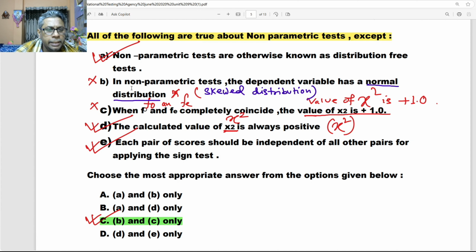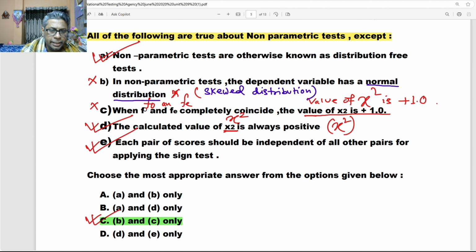In the case of B, in non-parametric tests, the dependent variable has a normal distribution. This is wrong. In the non-parametric case, the dependent variable should have a skewed distribution. Statement D, the calculated value of chi-square is always positive in non-parametric statistics. True.